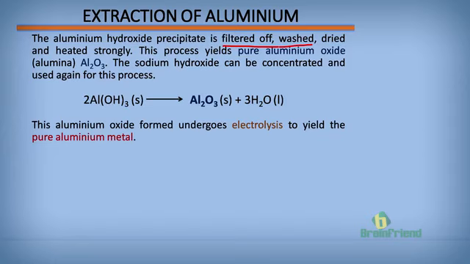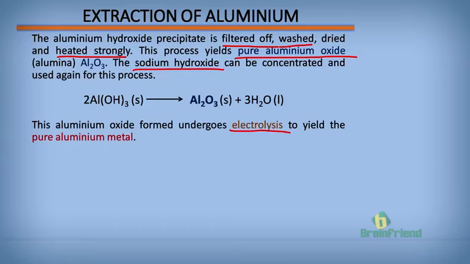It is filtered off, washed, dried, and then heated strongly again. Now, when it is heated, this process is going to yield pure aluminium oxide. The sodium hydroxide that was formed can be concentrated and used again for this process. So this aluminium oxide formed now undergoes electrolysis to yield the pure aluminium metal.